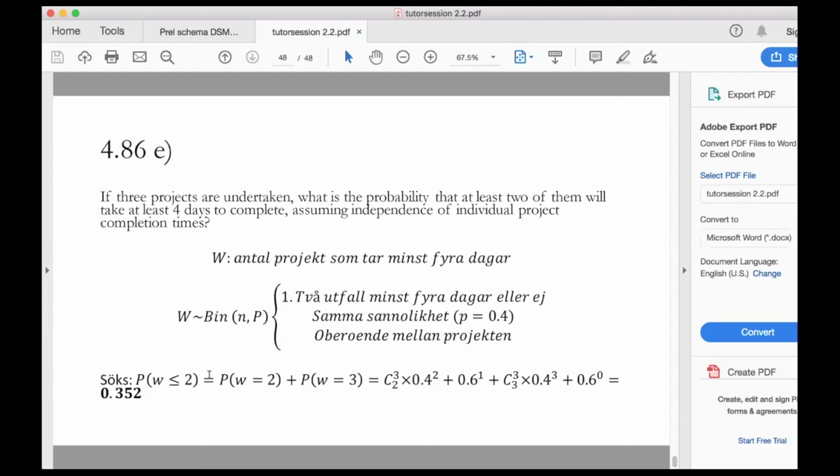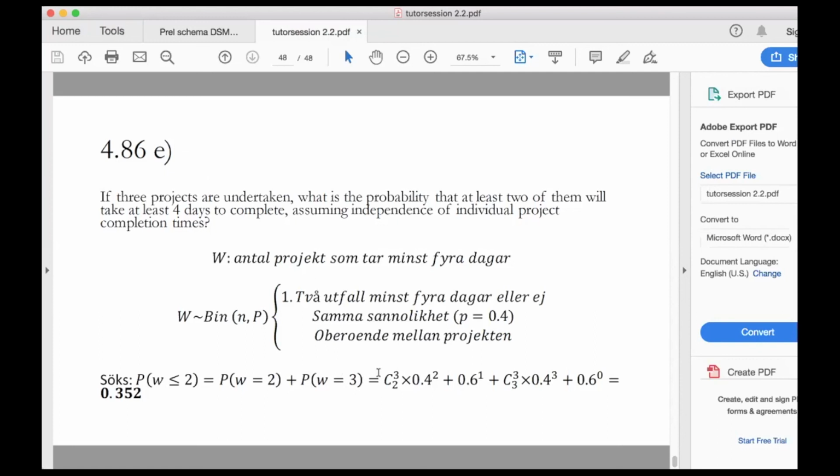Therefore, I stated that the small w will be equal to or more than 2, and it's the same as calculating the sum of probabilities for W equal to 2 plus W equal to 3. What is the probability that at least 2 of them will take at least 4 days to complete?